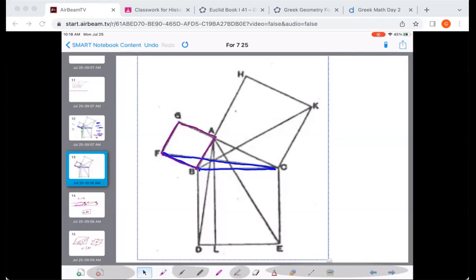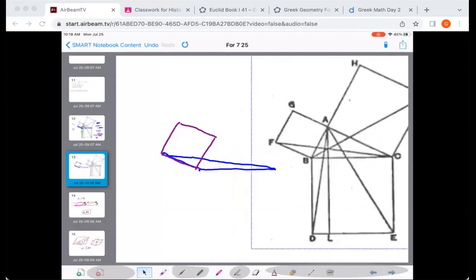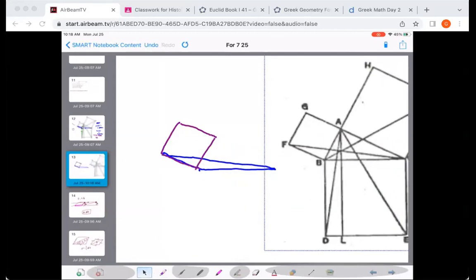And now, mind blown. Very cool. The area of the triangle is one half of the area of the square.